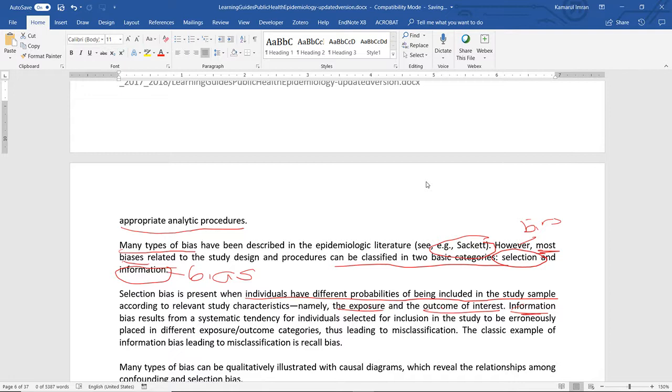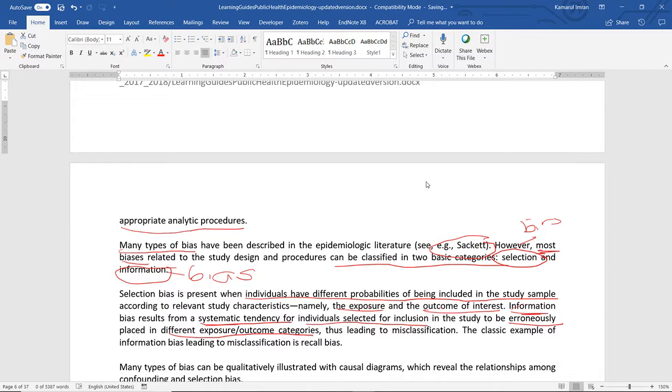Information bias results from systematic tendency, right? Systematic tendency for individuals selected for inclusion to be erroneously placed in different exposure or outcome categories. It means that they are wrongly categorized, okay, because of the problem with the measurement, right?